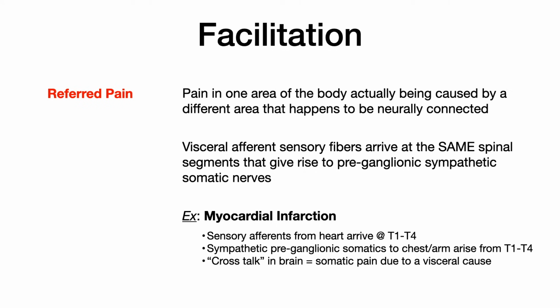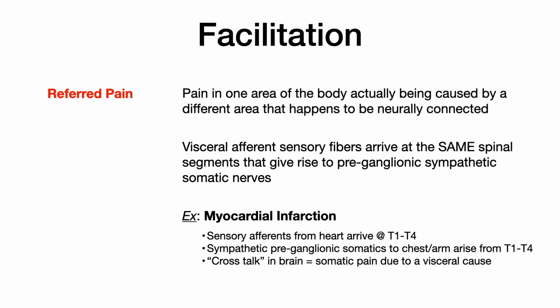So let's say that somebody is having atypical chest pain, and that chest pain is because they're having a myocardial infarction. If their only symptom is that they have a little bit of pain in the left shoulder that may or may not go down the arm, that may or may not radiate up the jaw, they're not going to turn to you and say, wow, there's something wrong with my heart. They're going to say, wow, I'm having discomfort in my shoulder.